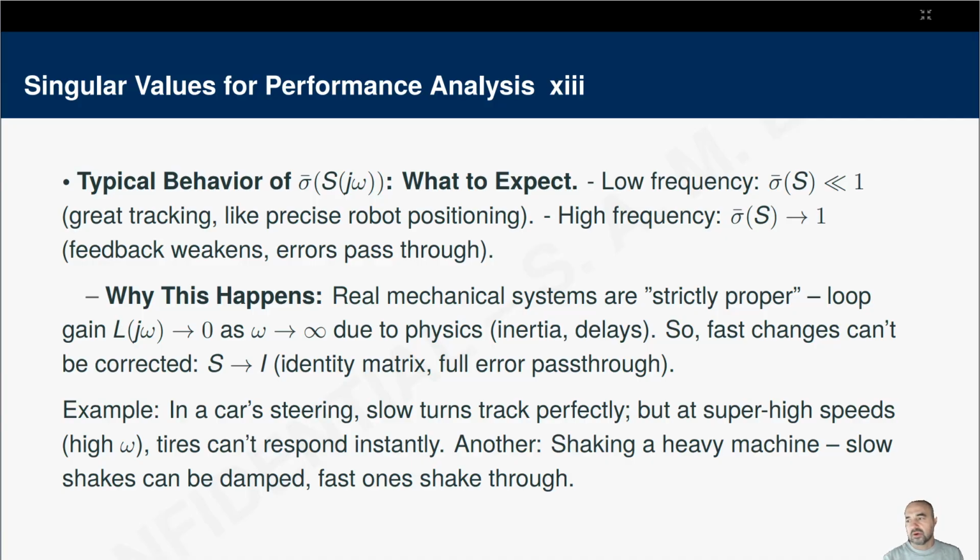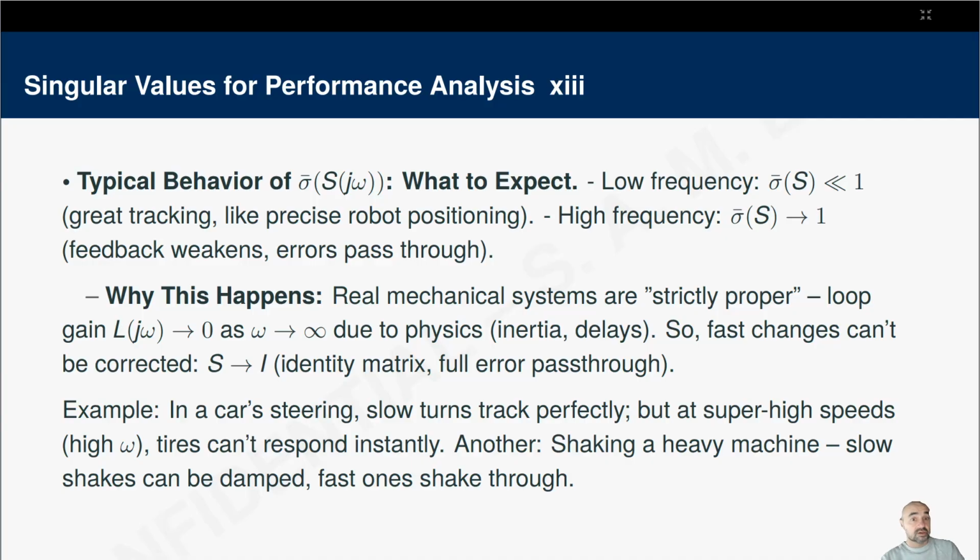For example, in a car's steering, slow turns track perfectly, but at super high speeds, high omega, tires can't respond instantly, right? You have already seen this physically.